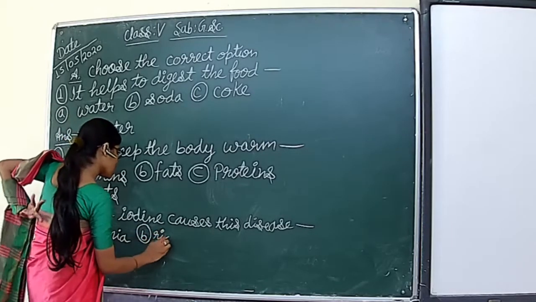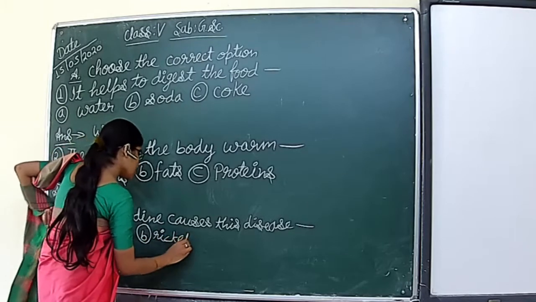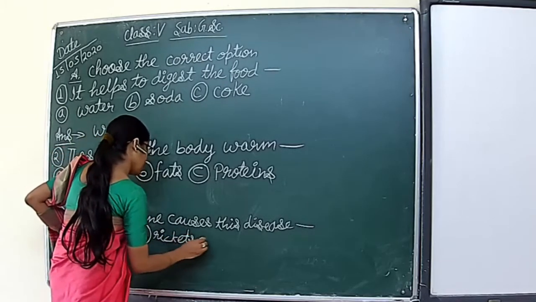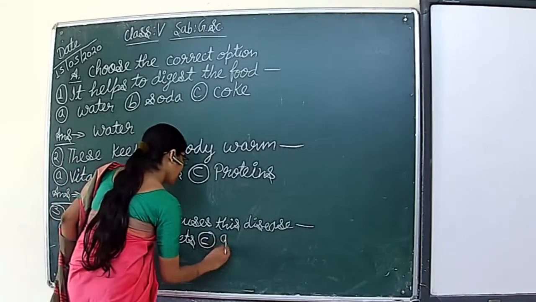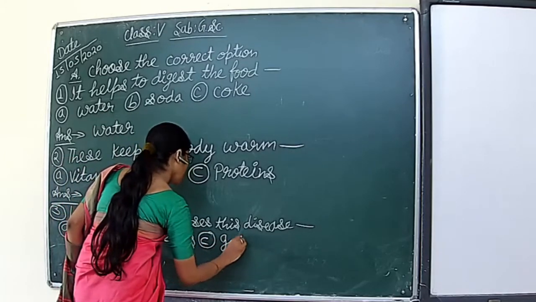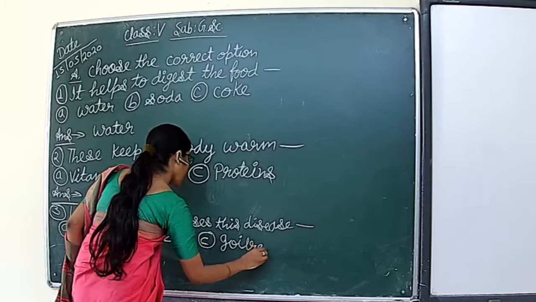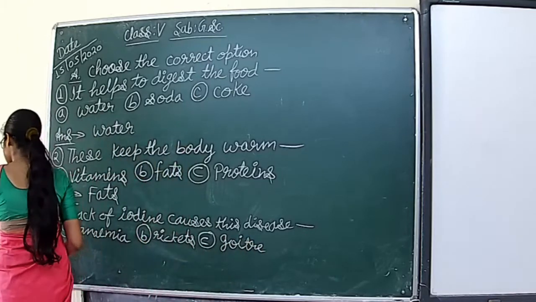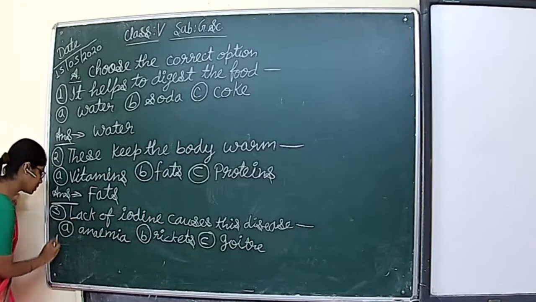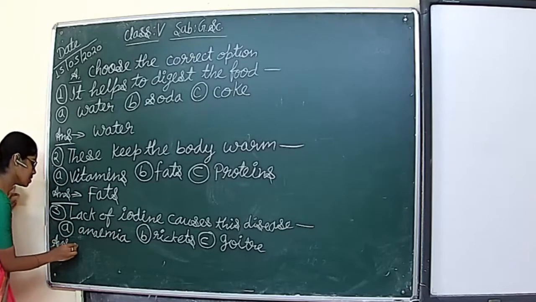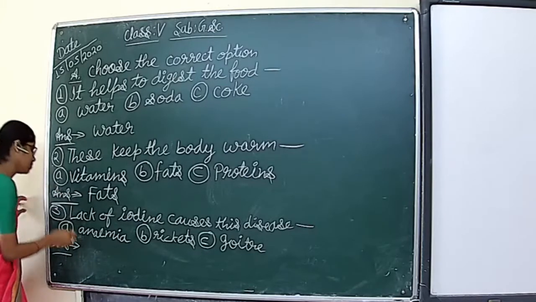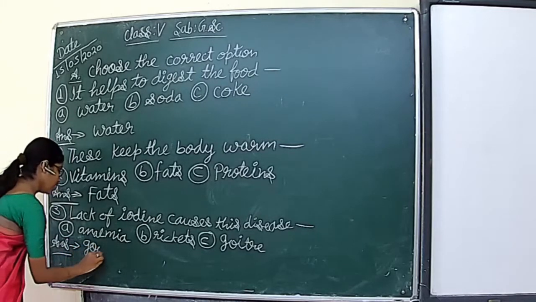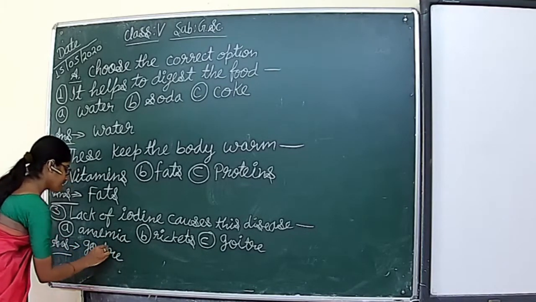Rickets is caused due to deficiency of vitamin D. And the last option is goiter, and this is caused due to the deficiency of iodine. So option C is correct. Goiter is the correct answer.